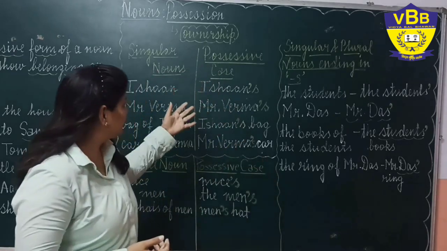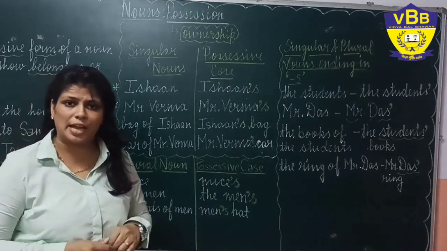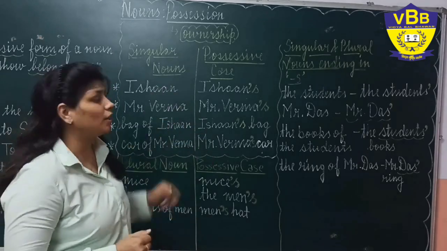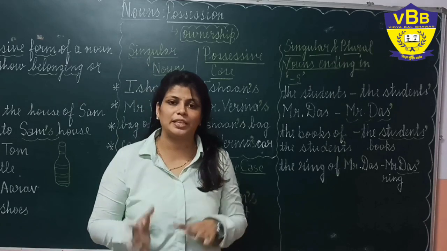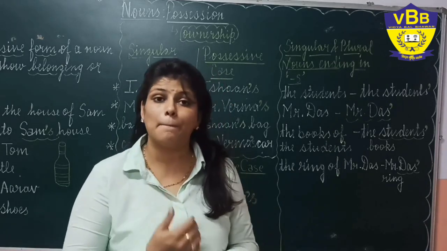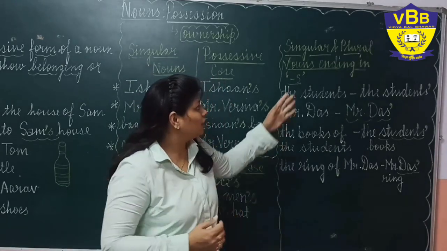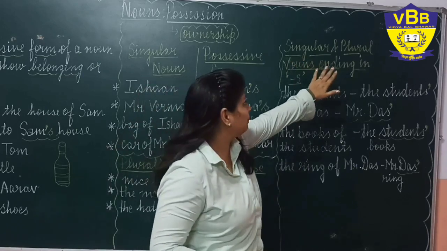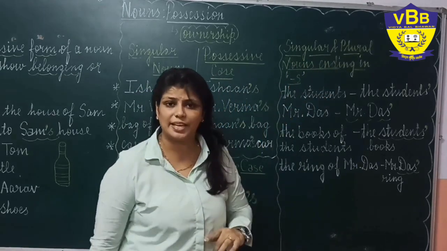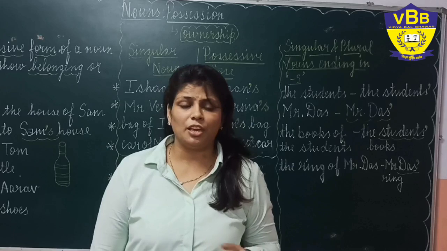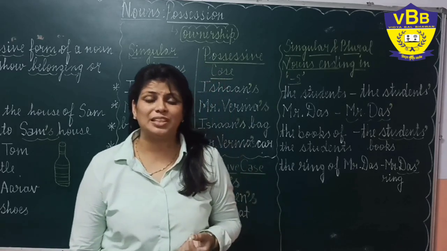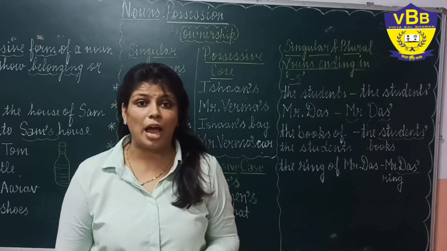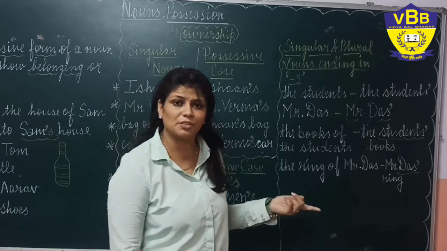Here, the nouns we have taken were not ending with S, so we added apostrophe S. But now I have written singular and plural nouns ending in S. So, suppose you have a singular noun or a plural noun that ends with the letter S, how will we change it into the possessive case?